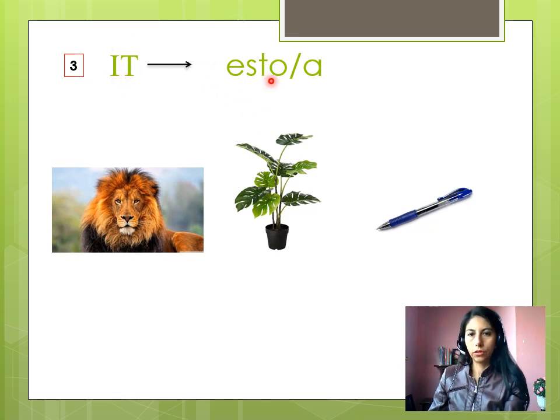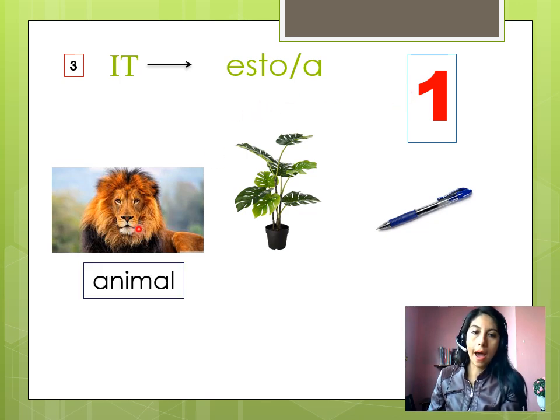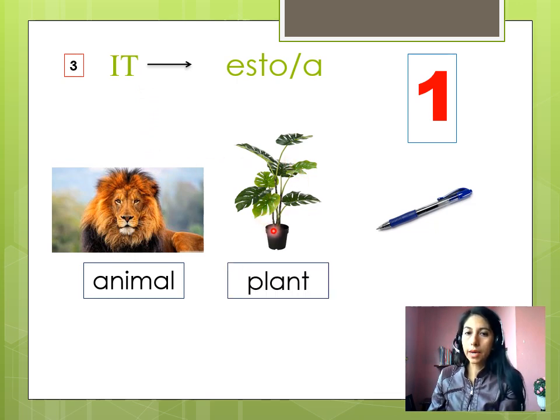It, esto, esta in Spanish. I use it when I have only one animal. In this case, this is a lion. I have only one. So for that reason, I use my subject pronoun it. Also, could be a plant. Here I have one plant.